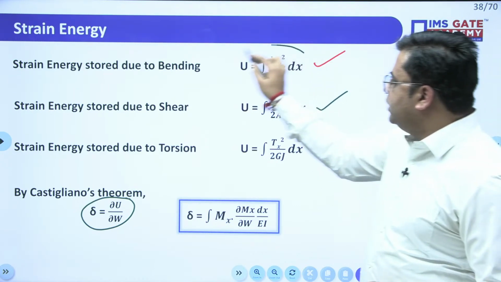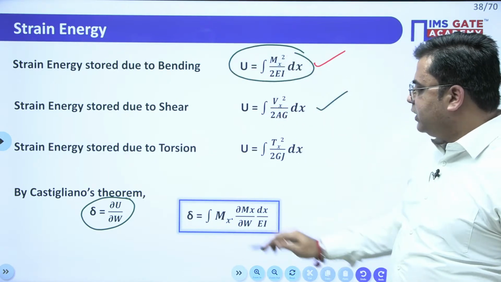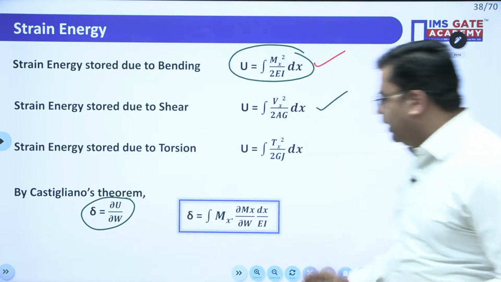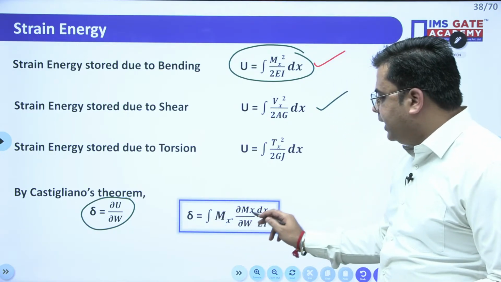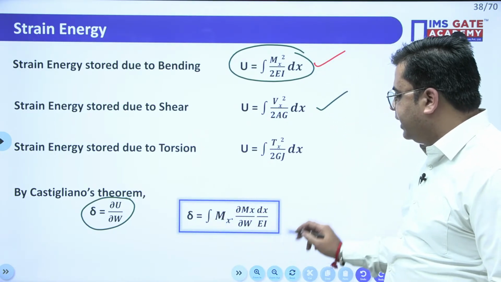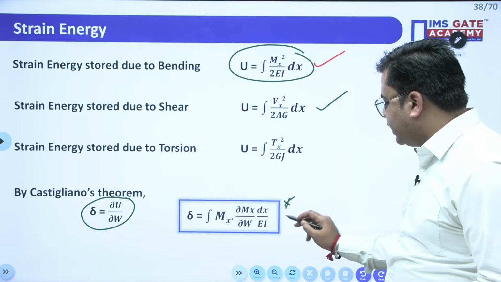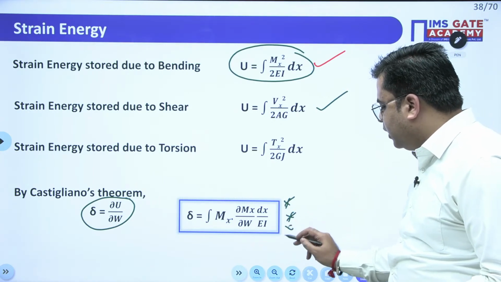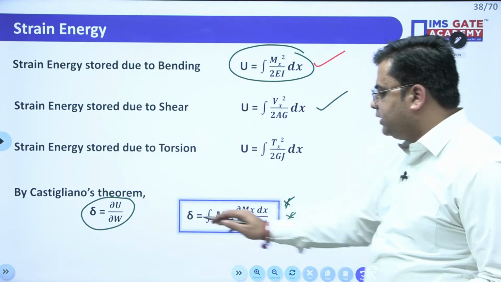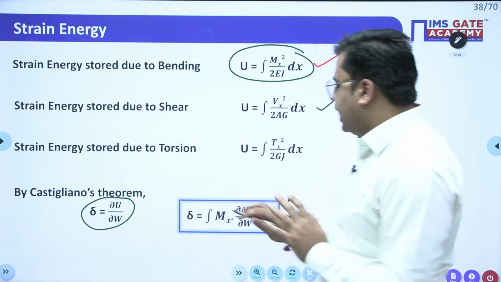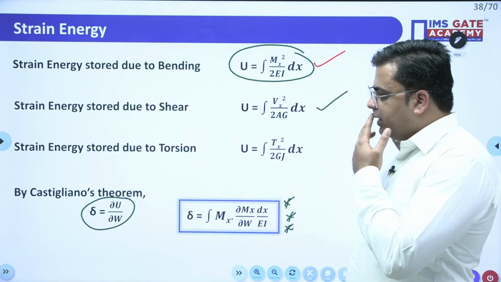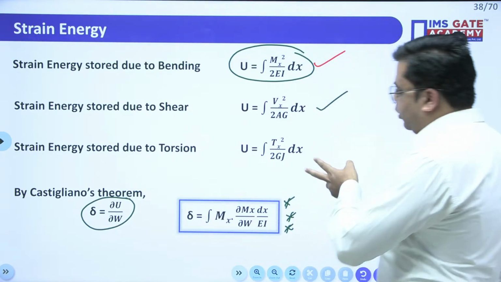When you differentiate this expression with respect to load W, it will be equal to integration of Mx del Mx upon del W into dx upon EI. This is again an important relation for calculating the deflection of any joint or any point, okay? This is again an important expression.